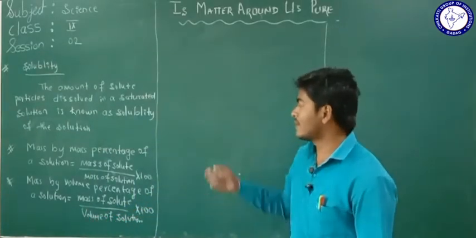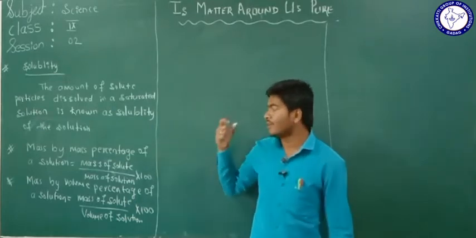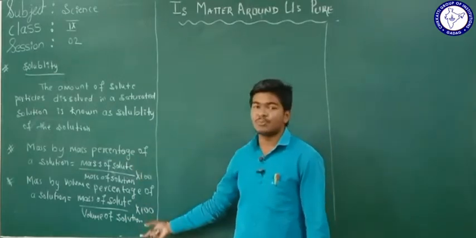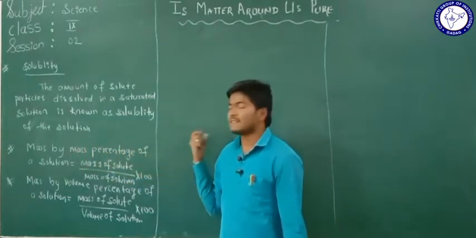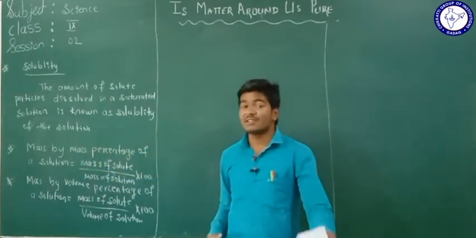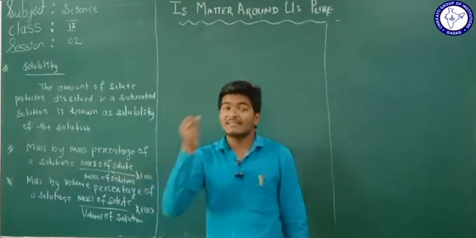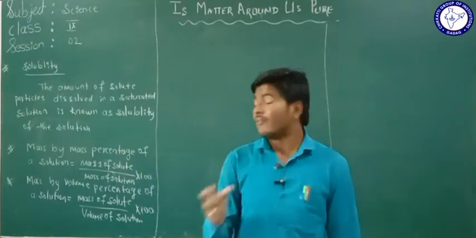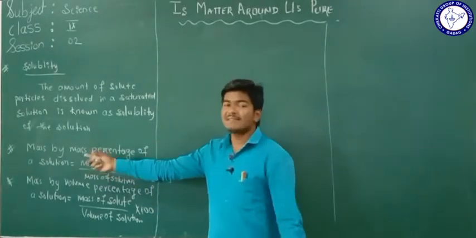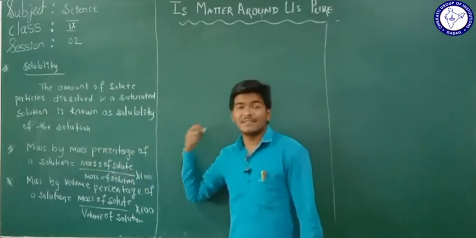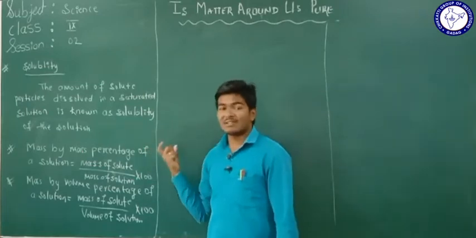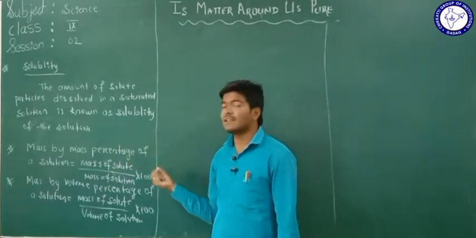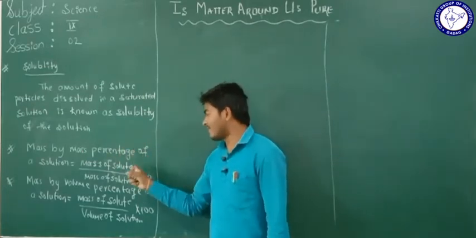We have to remember that the concentration of the solution we calculate by using these two formulas. In which cases are we going to use the mass by mass formula? When in the question they give the mass of the solute and the mass of the solvent or the mass of the solution, we calculate the concentration or percentage of the solution by using the first formula.